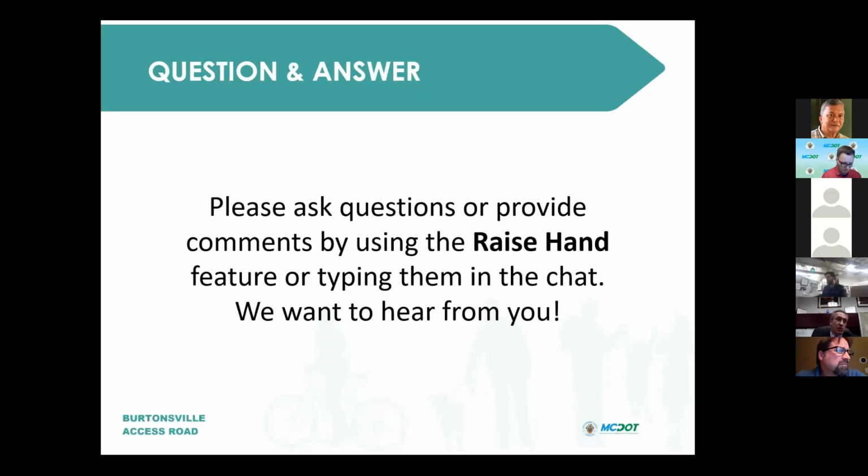My answer would be no, my project is only to build this road. And if I touch your driveway, I'll reconstruct your driveway for you. That's the same type of nature. We are not doing private improvements. That's your parking lot, so it's your responsibility to pave it or maintain it, and this project is not funded for those private improvements right now.